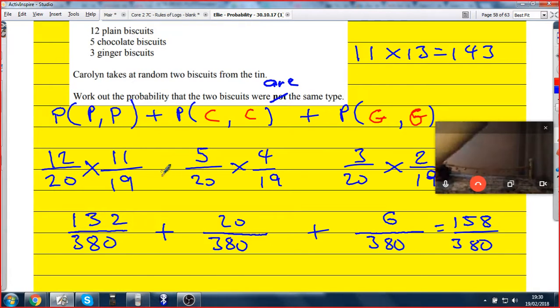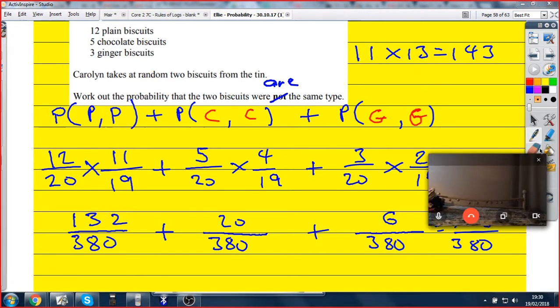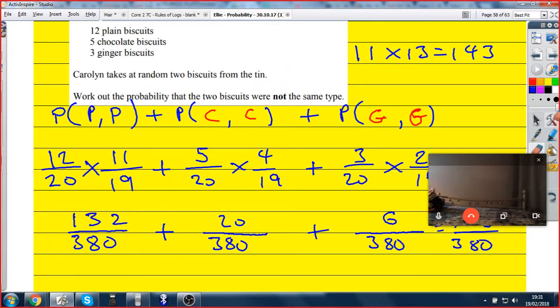That was the probability that you get 2 the same. Any idea how you get the probability of not 2 the same? So the probability that they were not the same type.